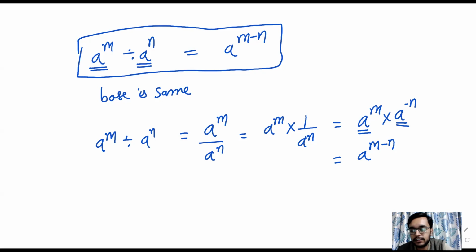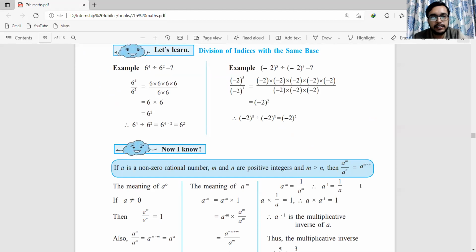Now let's solve questions based on it. Here 6 raised to power 4 divided by 6 square. Directly we can solve it as 6 raised to power 4 minus 2, that is 6 square.